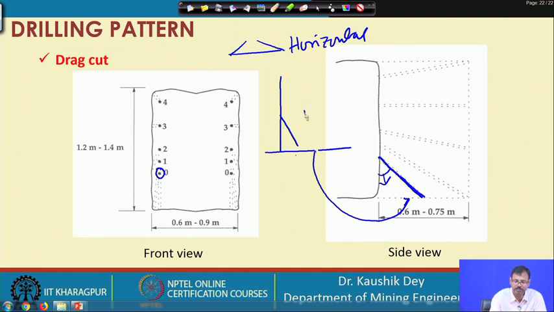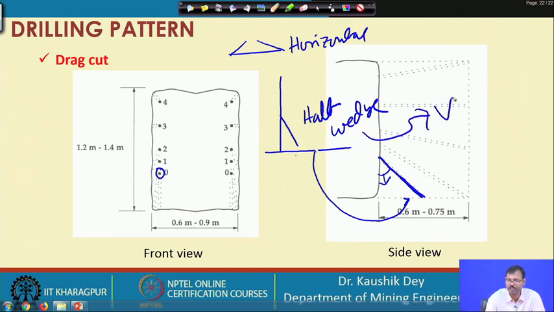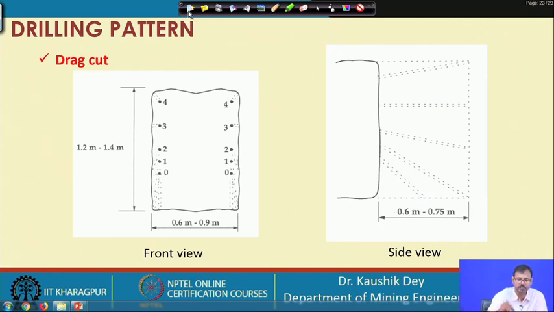So, this is basically the half wedge where the wedge is a vertical wedge. In other words you can say drag cut is a half wedge cut where the wedge is vertically formed. So, basically in drag cut the first hole is created here.